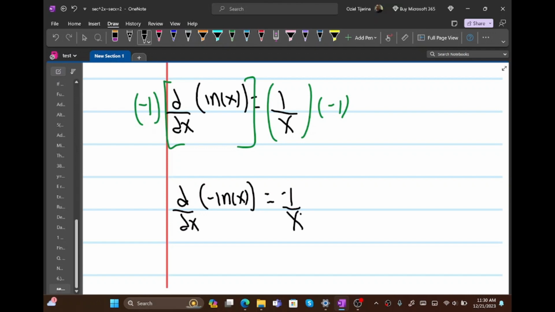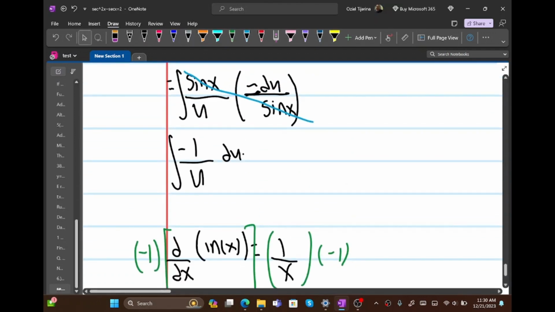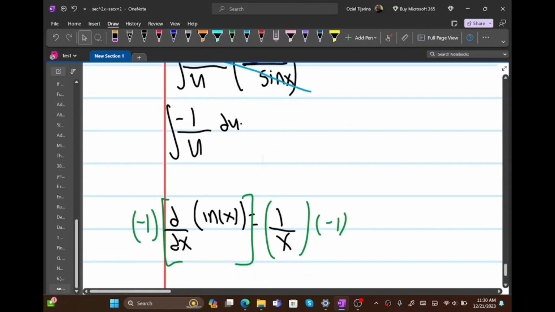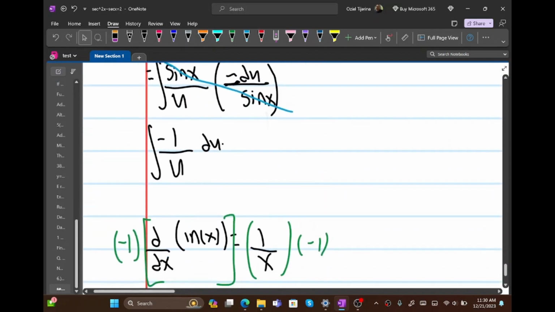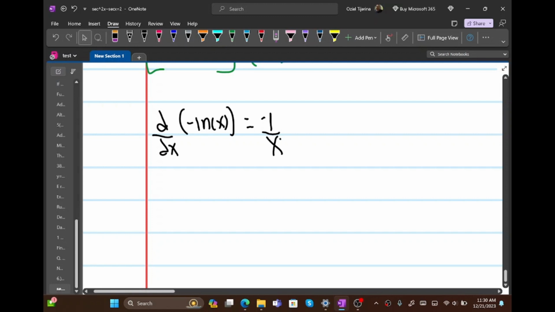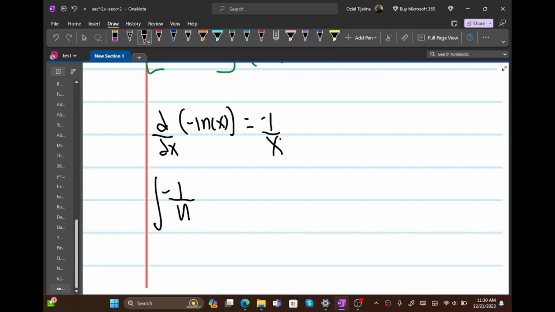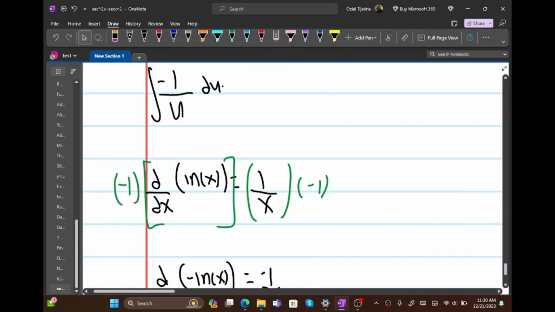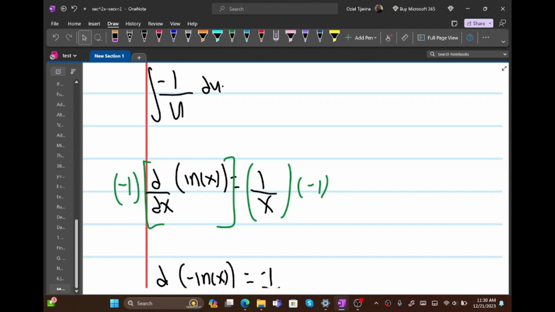Using this information, the integral of negative 1 over u du is negative natural log of the absolute value of u, because usually when we talk about the integral, we put an absolute value.